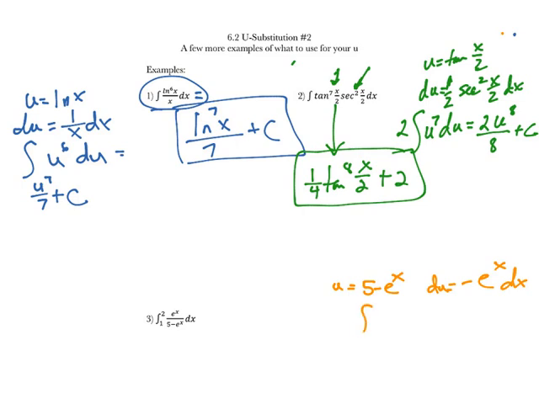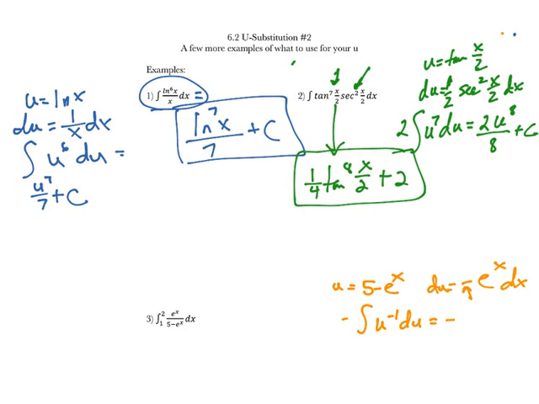So this integral then becomes u to the negative 1 du. I have an extra negative, so I needed a negative out front. Hopefully you remember that when you integrate something to a negative 1 power, if you do a power rule, you'd be dividing by 0, so that means there's a special rule, and that is that it's the natural log of the absolute value.